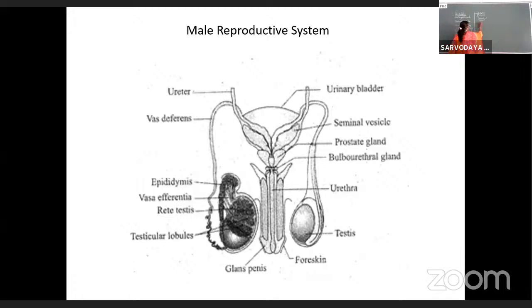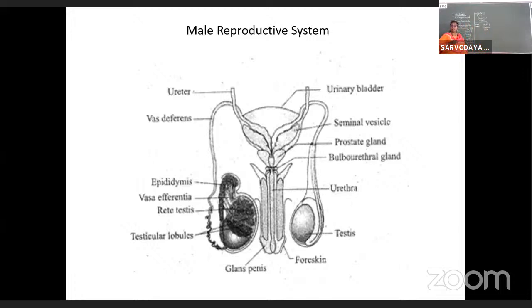Now this interstitial space shows two things. One is the presence of blood vessels. Second, a very important cell, named Leydig cells, or also called interstitial cells.